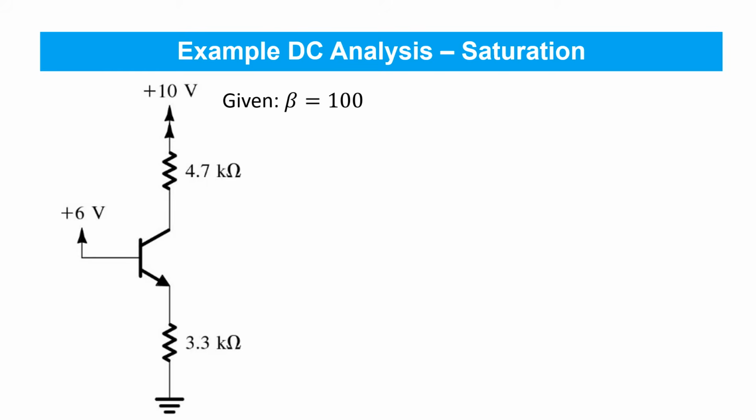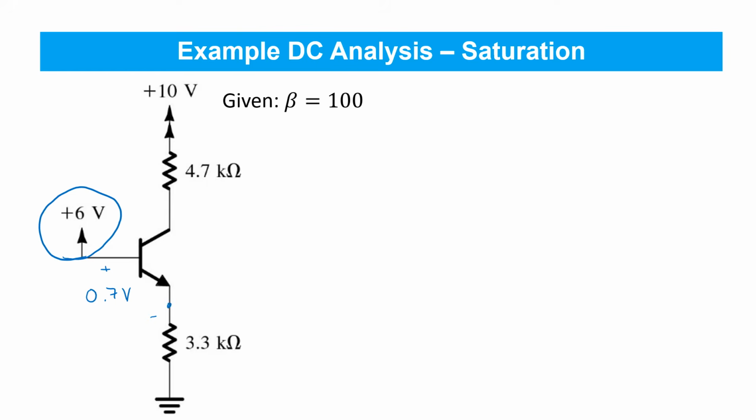And here we've got essentially the same circuit, the one difference being that instead of 4 volts connected in the base, we've changed it to 6 volts connected in the base. And let's go ahead and repeat the analysis. So again, we've got a positive voltage between collector and emitter, it would seem. So let's use our constant forward voltage drop of 0.7 volts assumed for the base emitter junction.